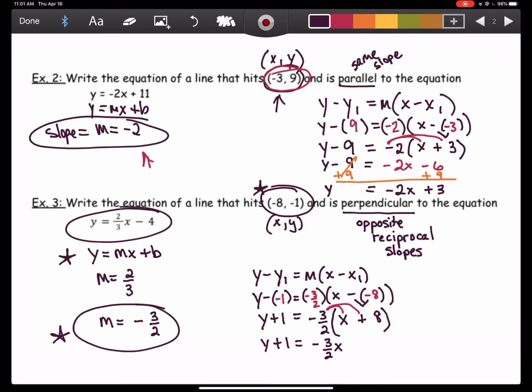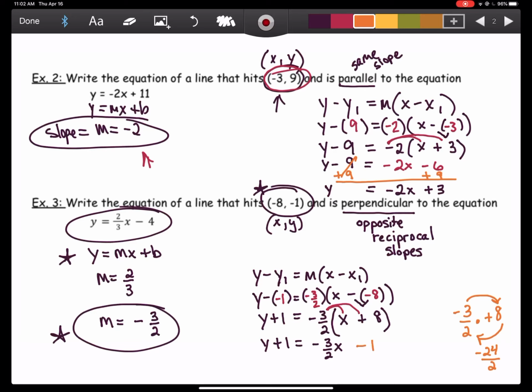And -3 halves times 8, I'm just going to jump over to the side here. If I rewrite this, -3 halves times +8 just means -3 times 8, which is -24, divided by 2. Okay, -24 divided by 2. So what does that equal? -12. Okay.